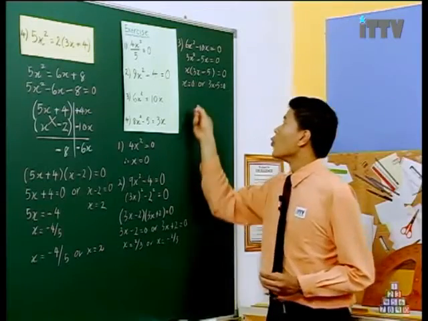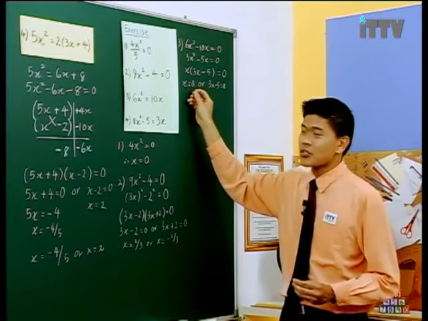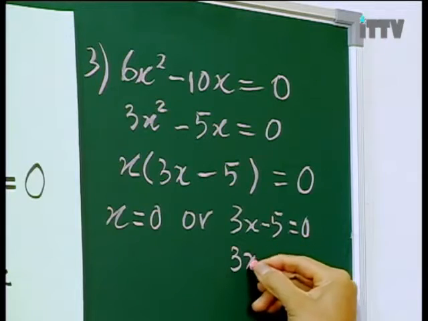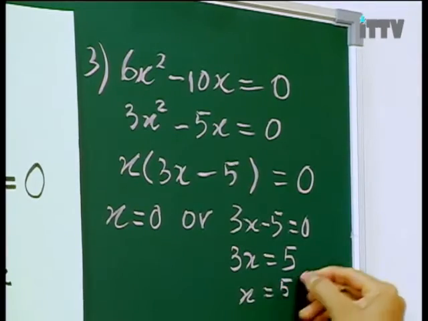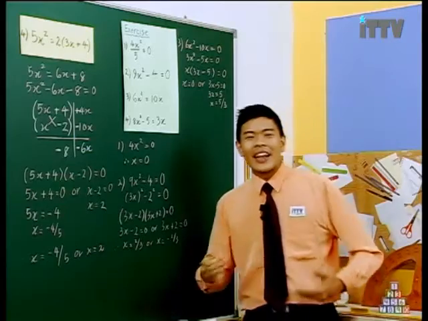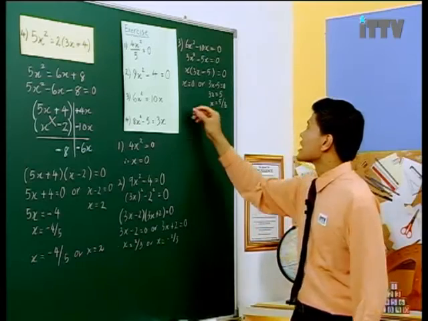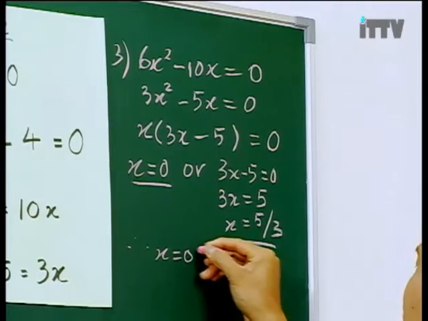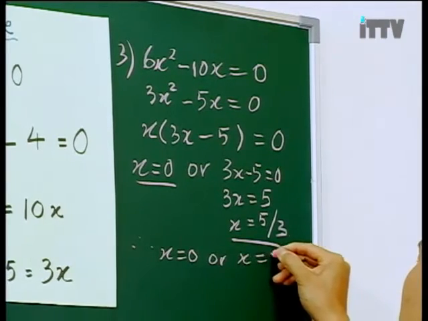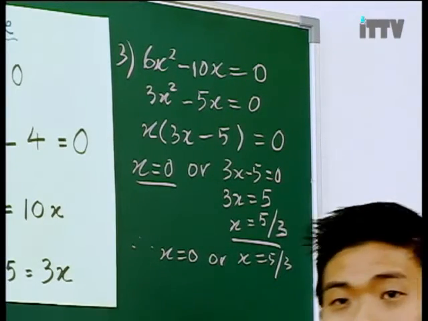So we already have one solution, which is x equals 0. On the right, the other value of x will be 5 over 3. Therefore, the solutions are x equals 0 and x equals 5 over 3.